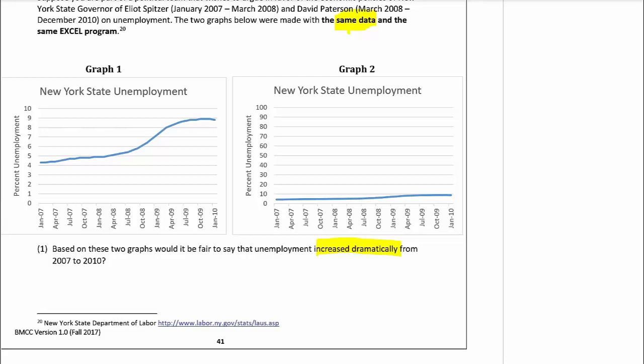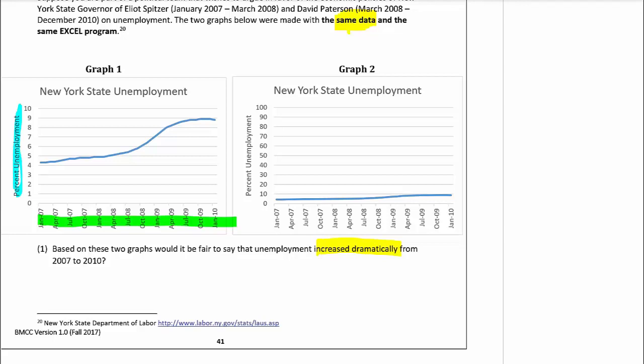All right, so let's review. Looking at this, if we look at the scale, we are given the time period on the horizontal axis, and we are given the percent of unemployment, meaning what percent of people in New York State were unemployed in a given particular month.